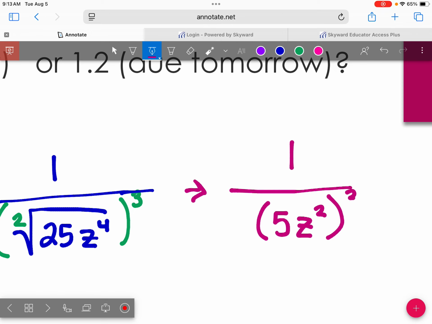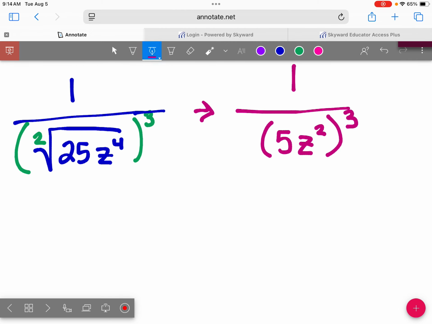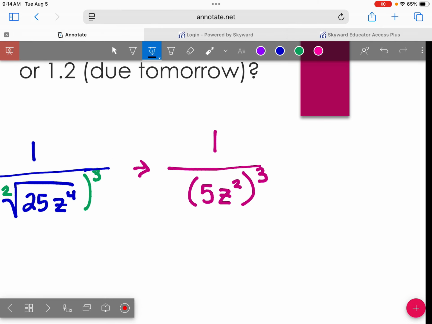And then we still have our cube out here. So we take our fractional exponent and break it into its pieces, and then we can order of operations this thing. Because now we need to cube our denominator, and then we are done. Can I get one more? So we have our 1 over, what is 5z squared cubed?